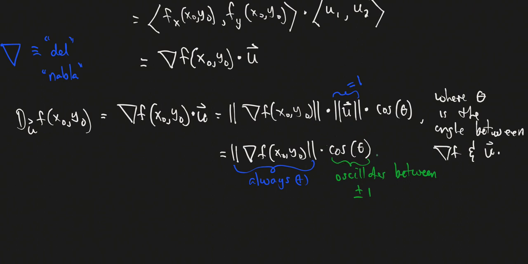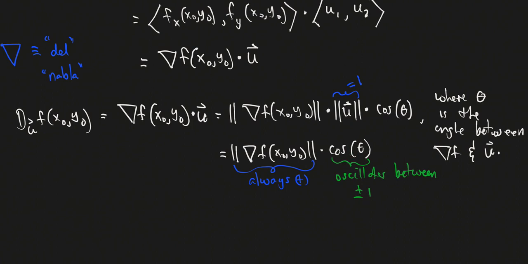So if cosine is maximized, then the entire product on the right-hand side is maximized, which, following the breadcrumbs, takes us back to our directional derivative. So this rate of change has a maximum value when cosine of theta is maximized.